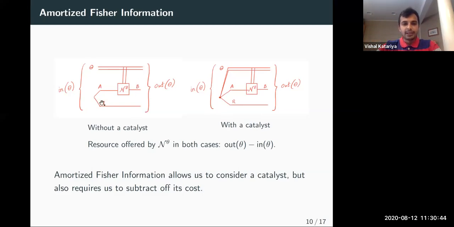And the output state we get on RB depends on theta only via N_theta. However, if we use what's called a catalyst input state, that means the theta value not only influences N_theta, it also influences the state on systems AR. Then the output state is something more, in the sense that it will have an increased dependence on theta.